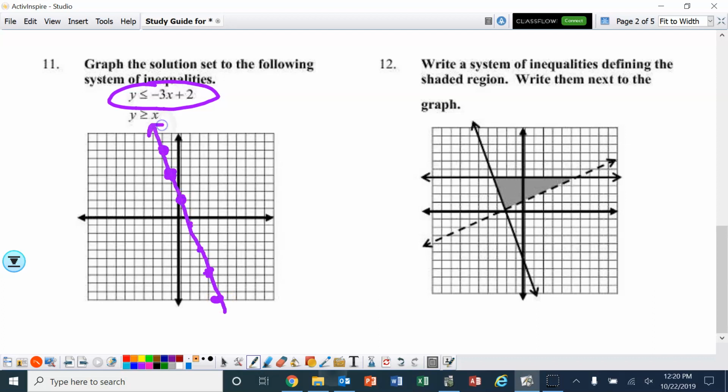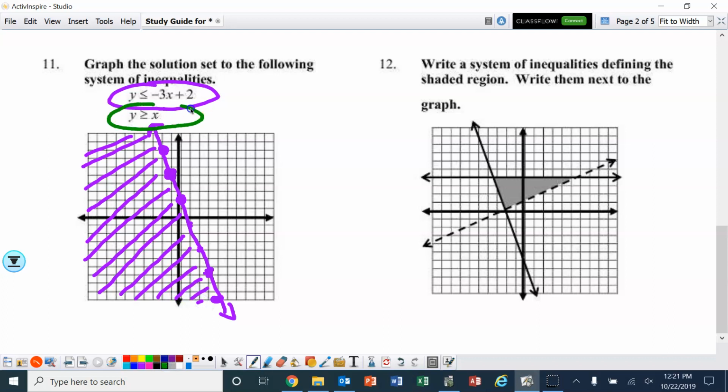Hopefully you can do your dots better than I am on this thing. And it's going to shade below because it's less than y. Less than means shade below. All right. Y is greater than x, so that one has a y-intercept that is equal to 0 and a slope of 1. So we're going to start right here at the origin.